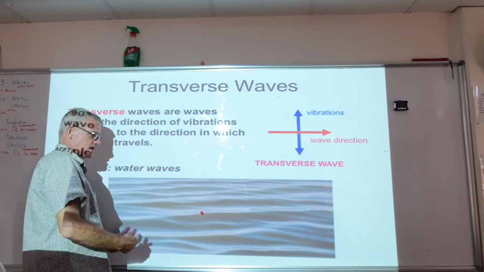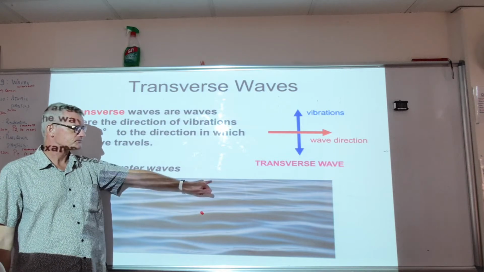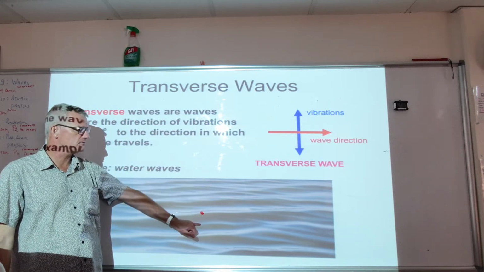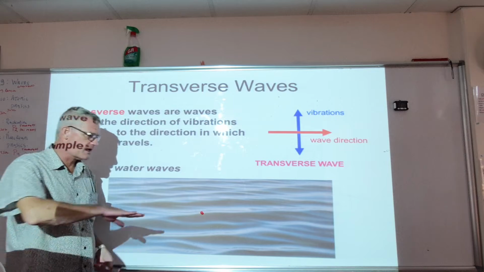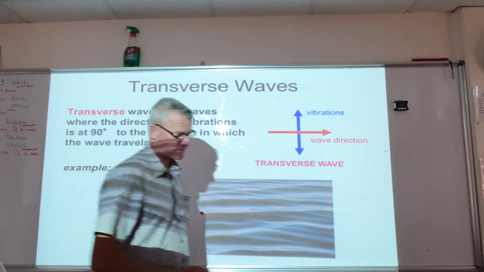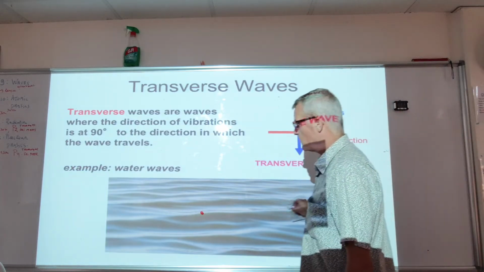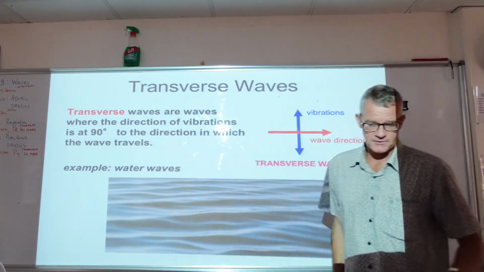So that's why I say the particles are moving up and down, but the progression of the wave is in that way. Okay? Don't forget that. Later I will show you a video clearly showing what transverse waves are.